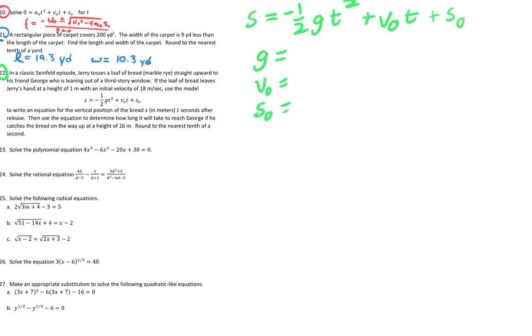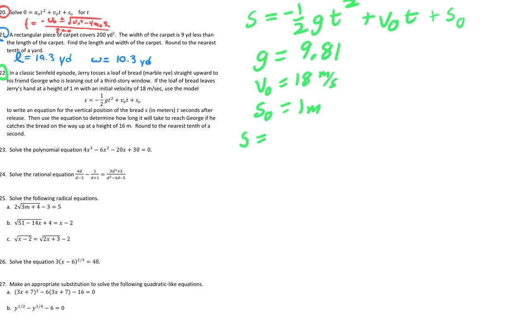Well, v0 is our initial velocity, so that's going to be 18. We know what our s0 is, the initial height, which we know is 1 meter from the question. And then we need to know what g is, which is gravity, so we're going to use 9.81.